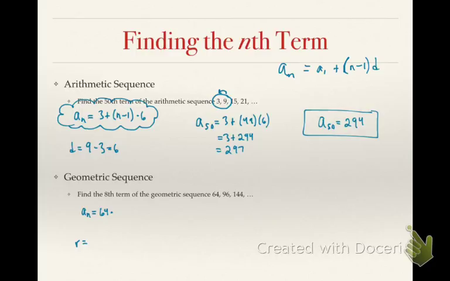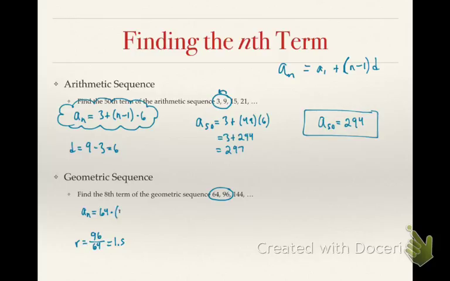The ratio is always found by taking any two consecutive terms in the sequence, I just end up choosing the first two because they're usually the easiest to work with, and dividing by the previous one. So 96 divided by 64, and if you type that in your calculator, that gives you 1.5, or 3/2, depending on how you want to apply it.